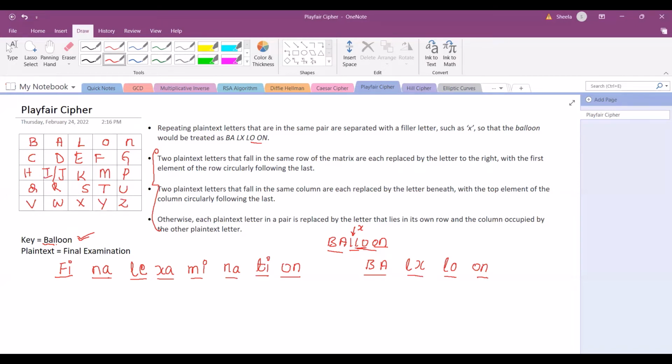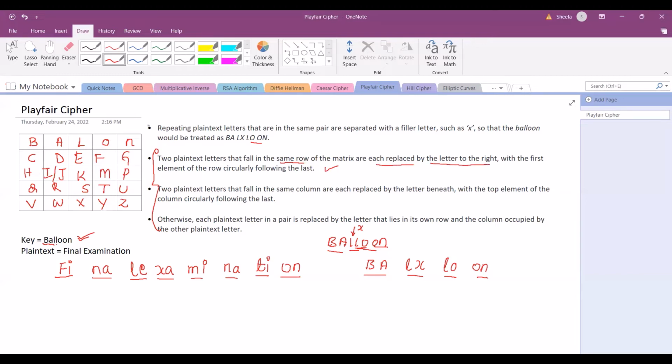The second digram we are considering is NA. We can observe that N and A are in the same row, so this belongs to this rule. If they are placed in the same row, then we have to replace each alphabet by the letter next to the right.